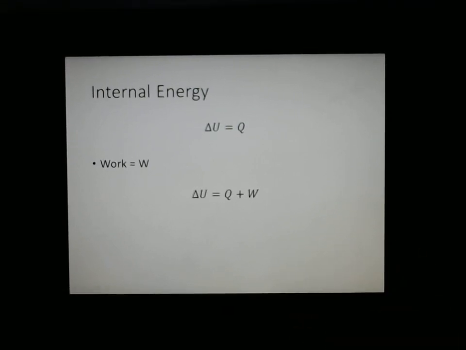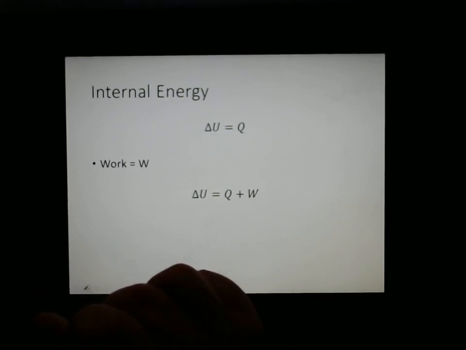Change in internal energy equals the change in heat energy, the Q, plus the work. This is how it will be written in your formula booklet, and we'll get to some important things about W in a second.